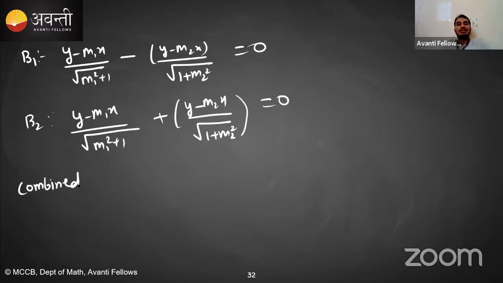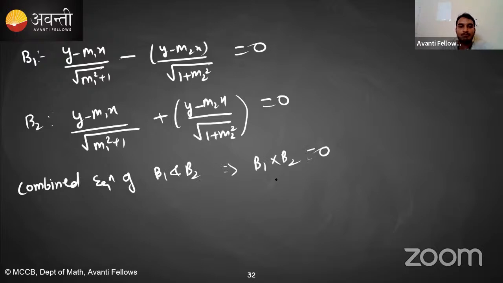So now the question is just, we have two lines B1, B2. Now find the combined equation of the two lines. So how will the combined equation of B1 and B2 be given? It is nothing but B1 into B2 equal to 0. So this into this is equal to 0.